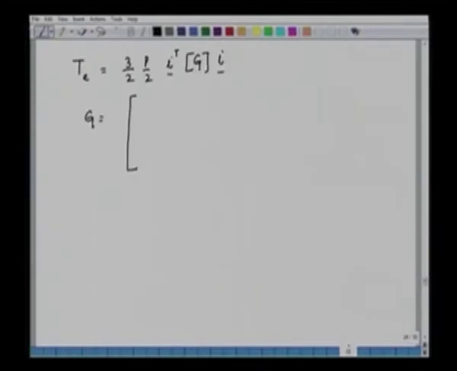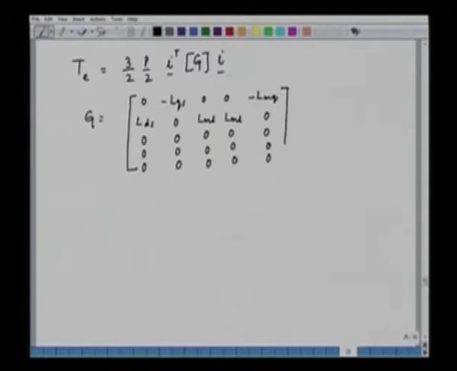So if we see here, this matrix G can be 0, minus LQS, 0, 0, minus LMQ, and then we have LDS, 0, LMD, 0. The remaining 3 rows are for the rotor, and the rotor does not have any rotationally induced EMF, and hence the speed terms are absent in the rotor. So this is the G matrix.